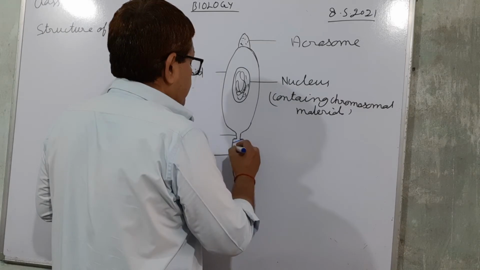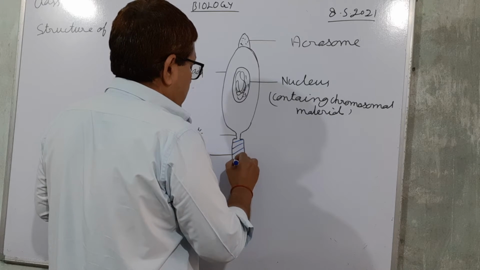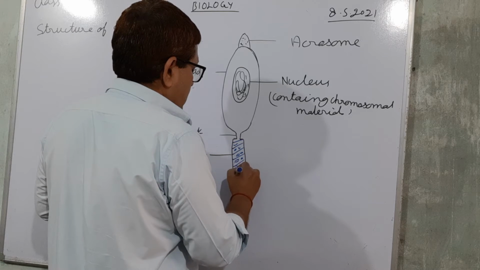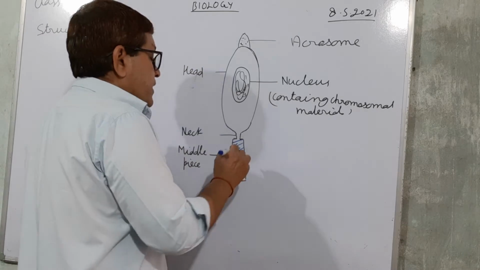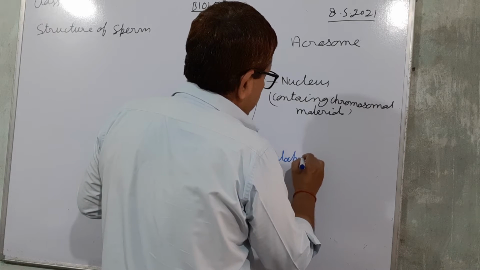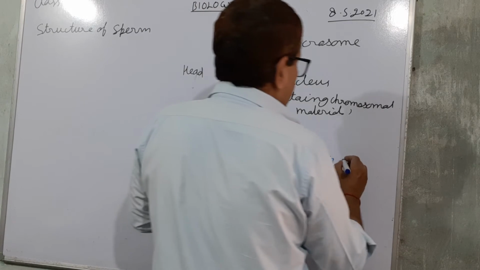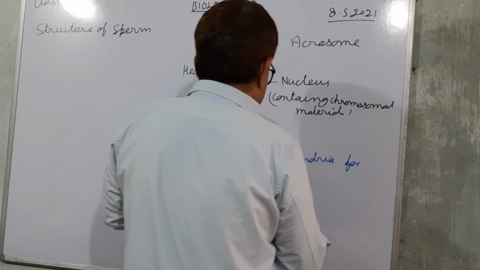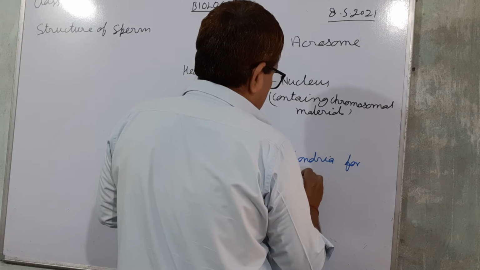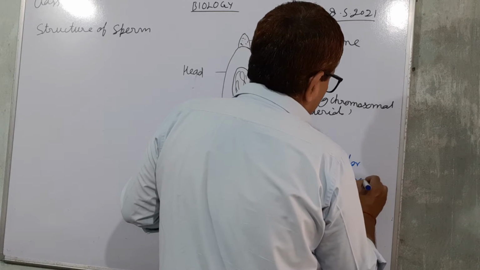It contains the spirals of the mitochondria, for the production of energy.